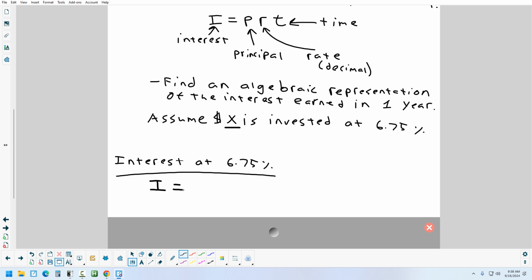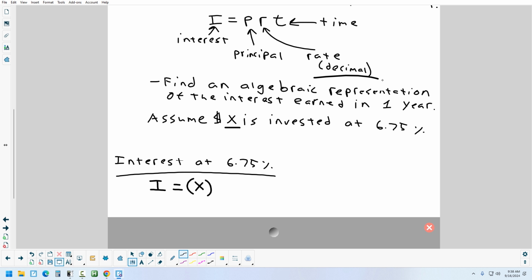So remember, it's I equals PRT. What's going to be the principal for the 6.75% investment? Yeah, X. That's how much money he's investing. What's the rate of the 6.75% investment?